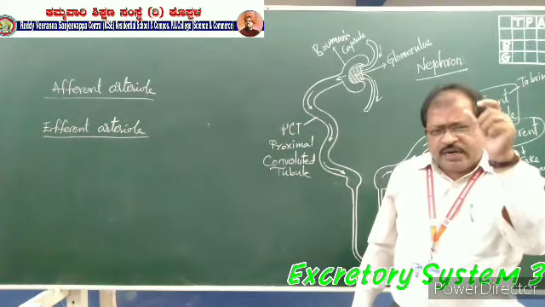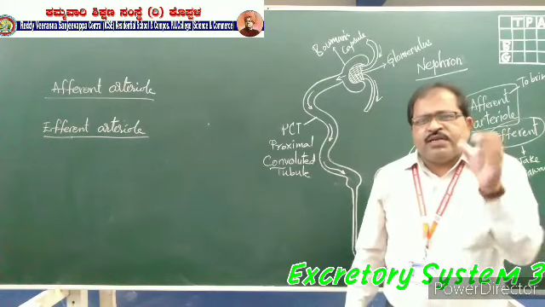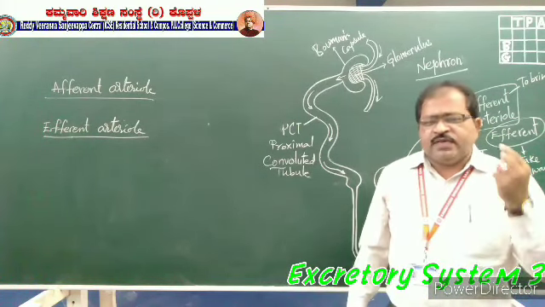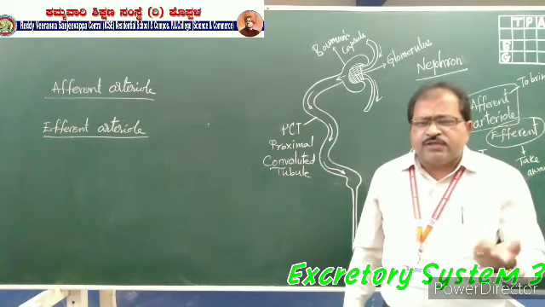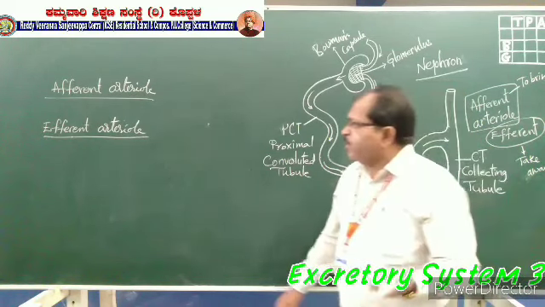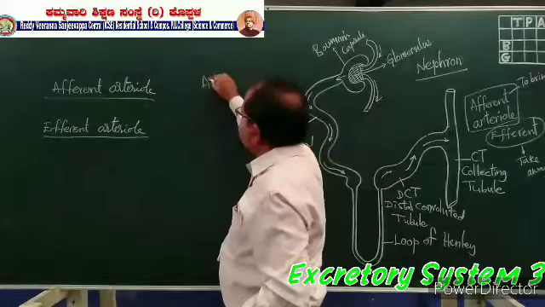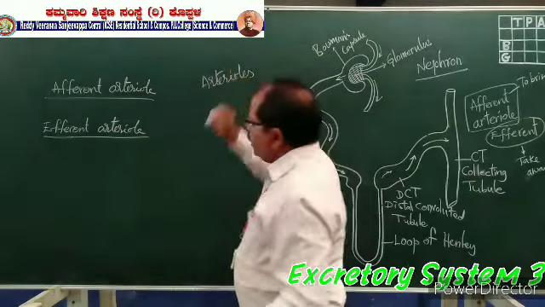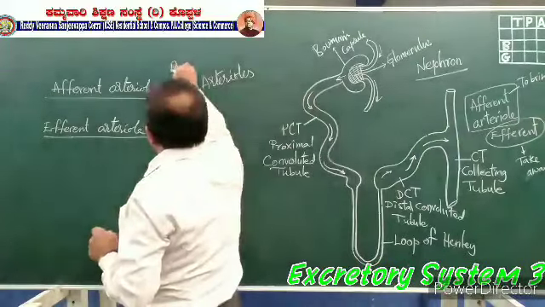The renal artery, which is bringing the blood to the kidney, will branch and branch and branch and become arterioles.